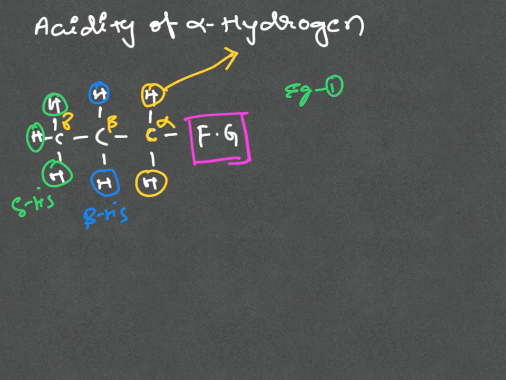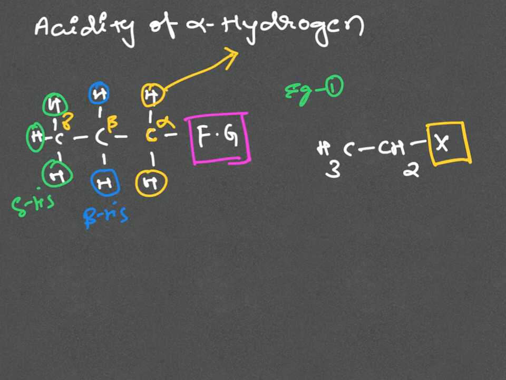Example 1. Let's take alkyl halide, CH2X. Here X is our functional group. It may be any halogen.